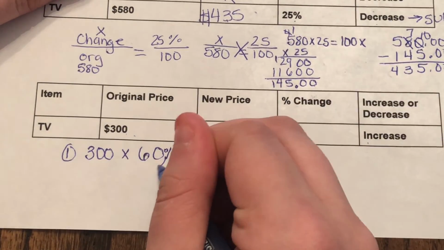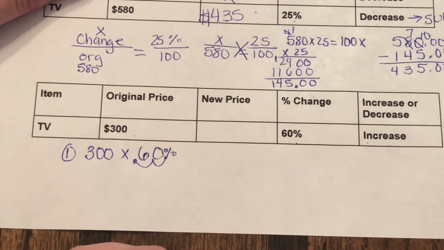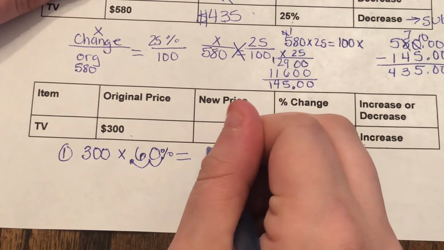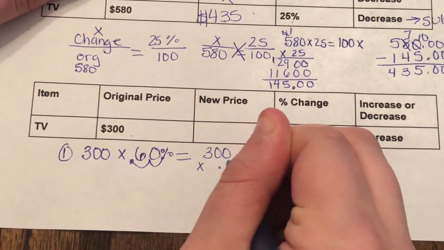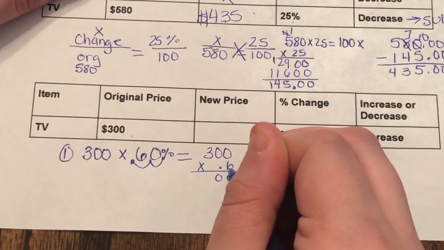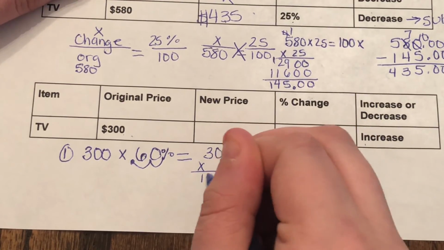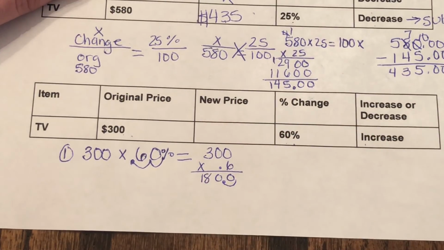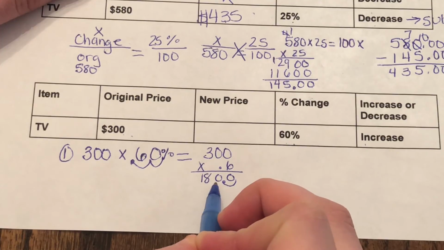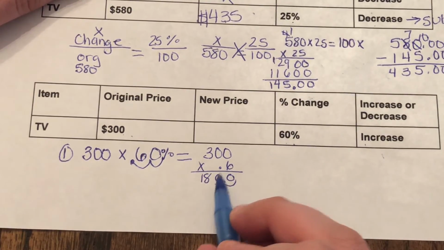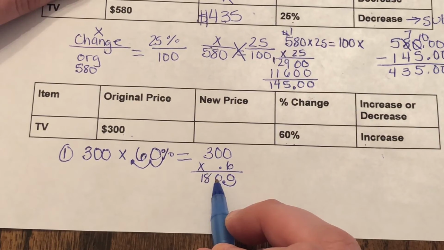So I'm going to move it over 2 places to the left, and that's going to get you your percent as a decimal. Well, when I multiply 300 times 0.6, I'm just going to get 6 times 0, 6 times 0 again, 6 times 3 is 18, one number behind my decimal, my answer. So I know that my TV is increasing in price by $180, okay?